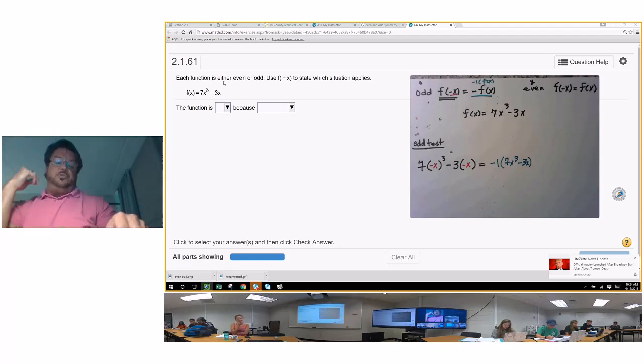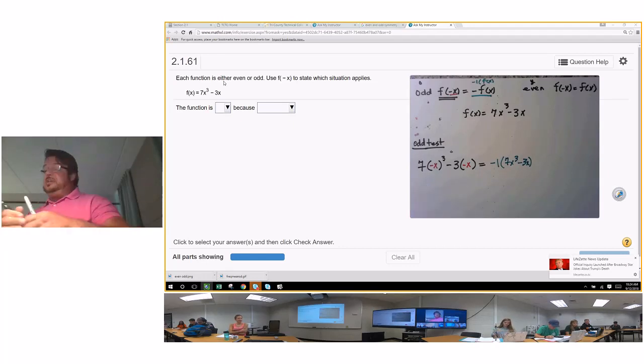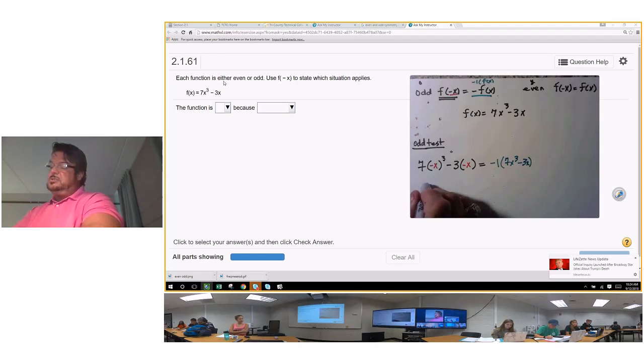Okay, so what happens? What is negative x to the third power? Negative x. What's 7 times negative x? Negative 7x. So this comes out to be negative 7x cubed.